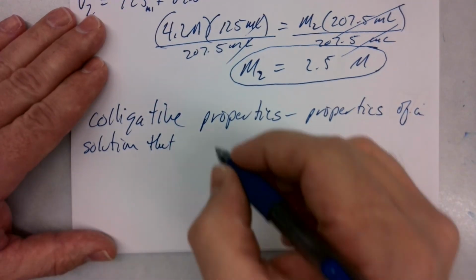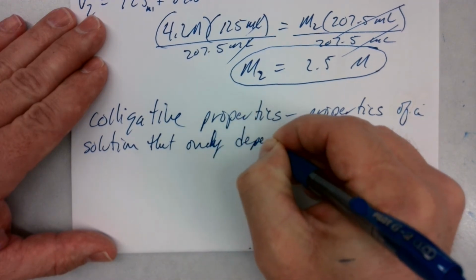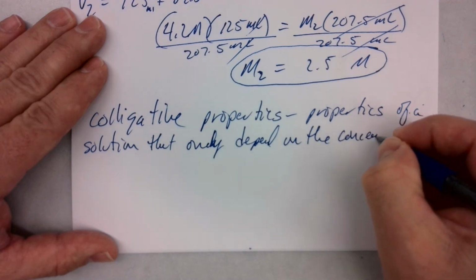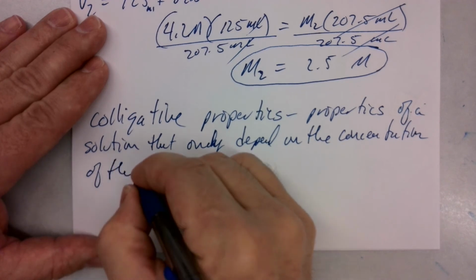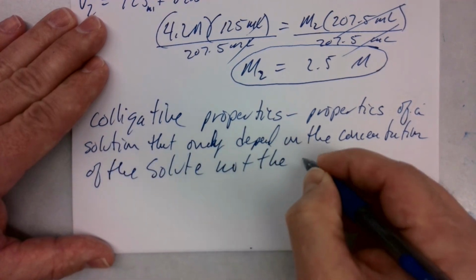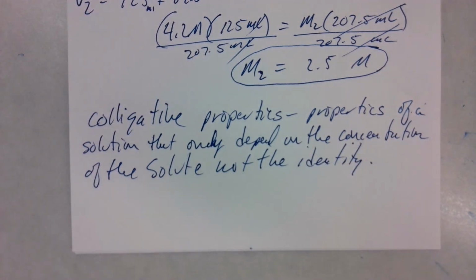Properties of a solution that only depend on the concentration of the solute, not the identity. Now, this can be a little bit deceiving because the identity is a little bit important whether or not it dissociates.